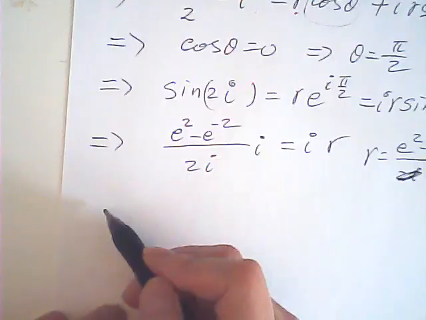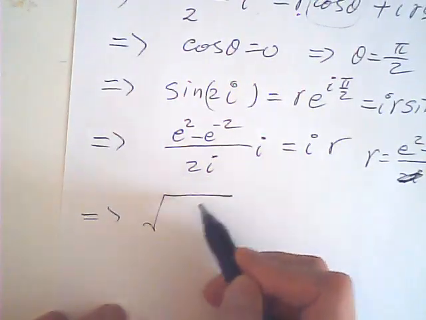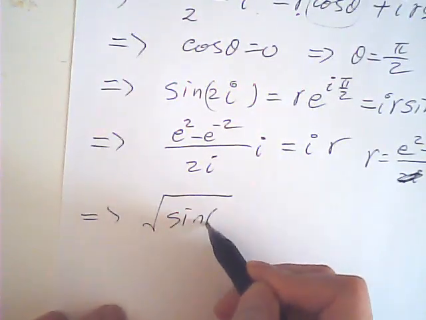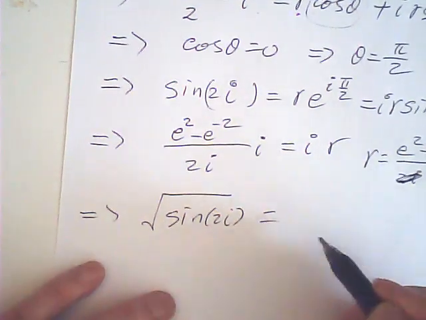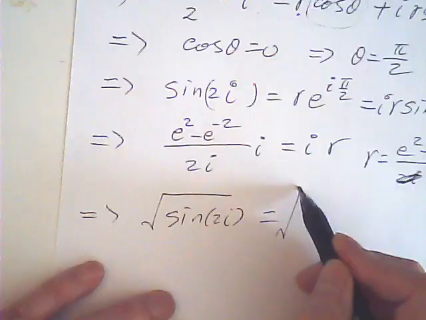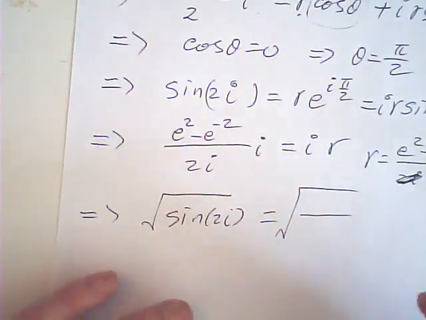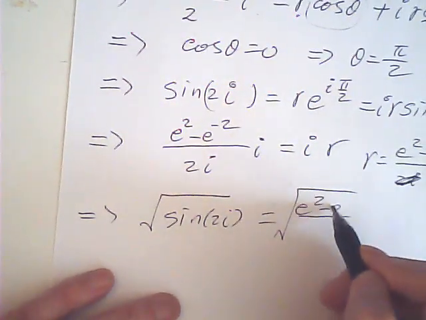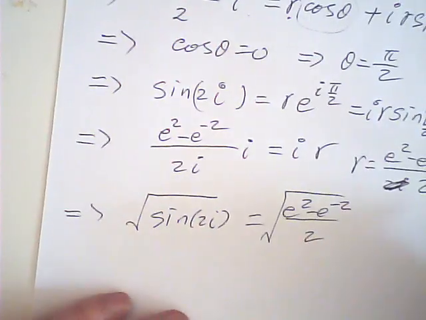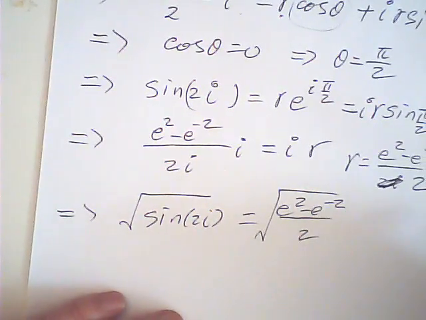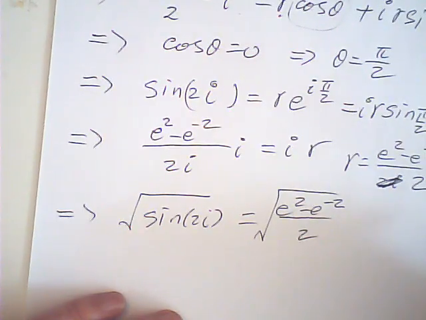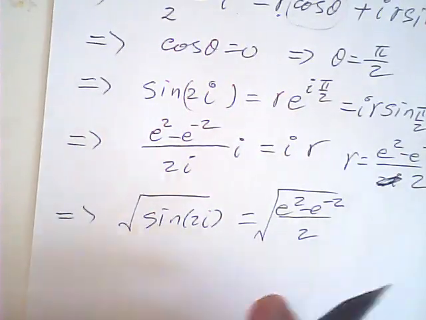Then we square both sides, therefore sine 2i is equal to the square of this.